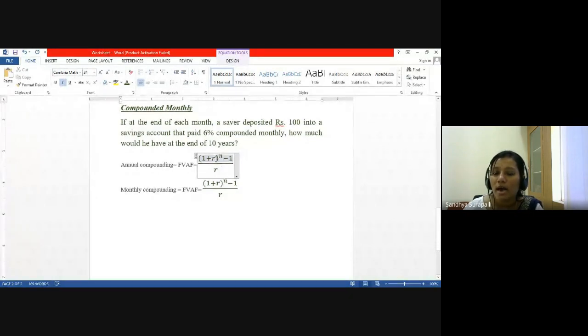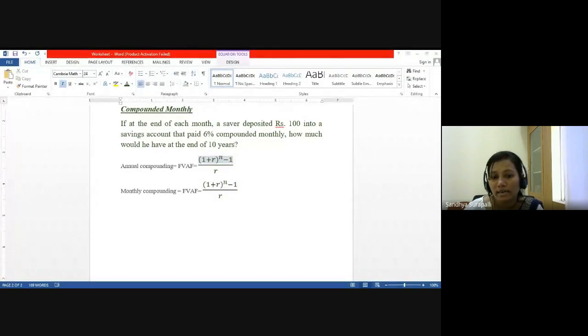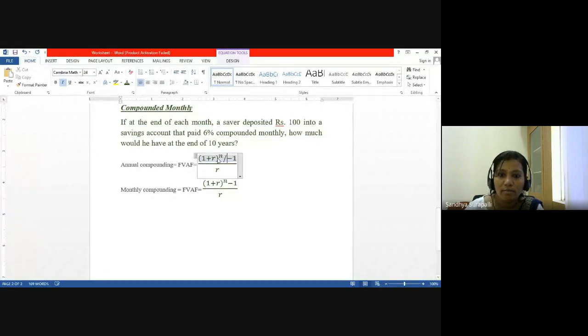And R you have to find out for monthly. So you have to divide it. So here it is divide by 12, and this N you have to multiply with 12.